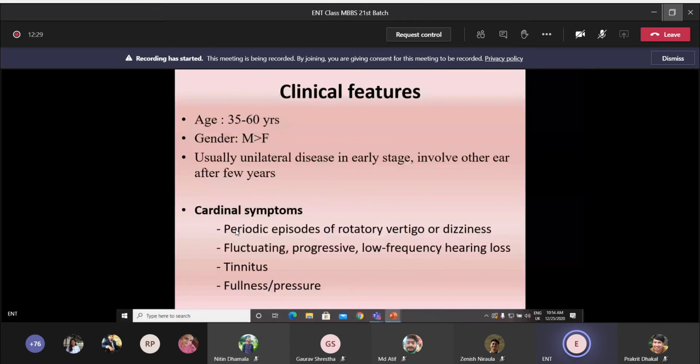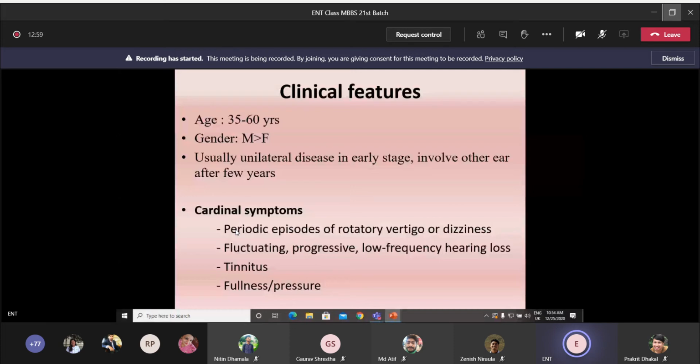Now, if you look at the clinical features, the age ranges from 35 to 60 years, more seen in male patients, and it is a unilateral disease in the early stage, but may involve the other ear after several years. Now, what are the cardinal symptoms of Meniere's disease? These need to be there for you to diagnose that this patient has Meniere's disease.